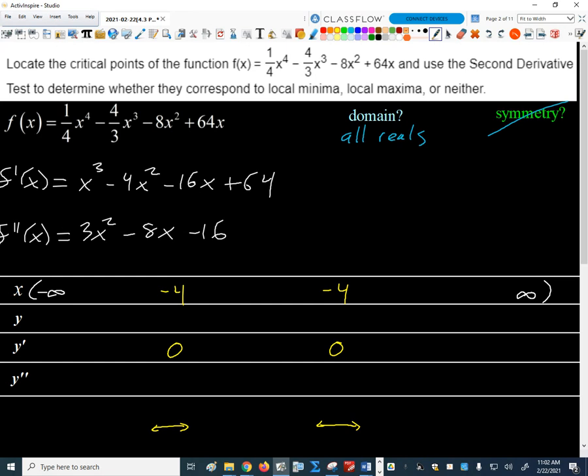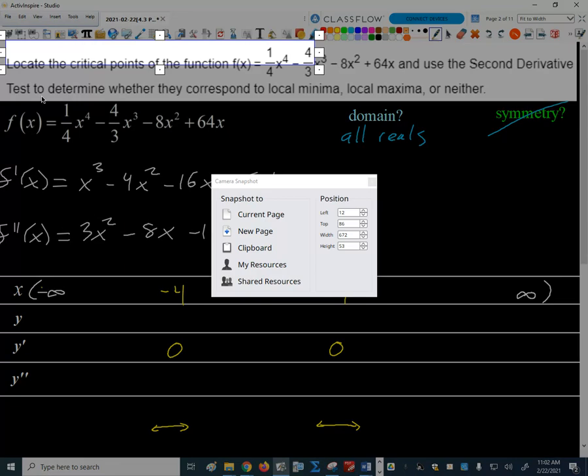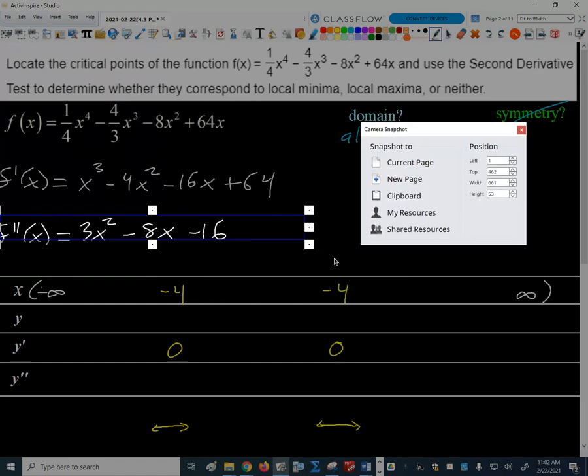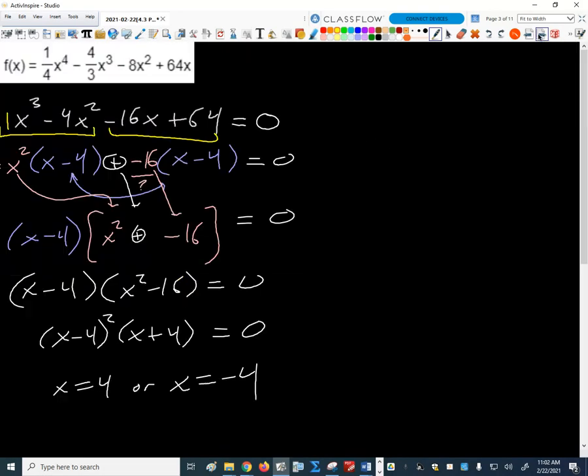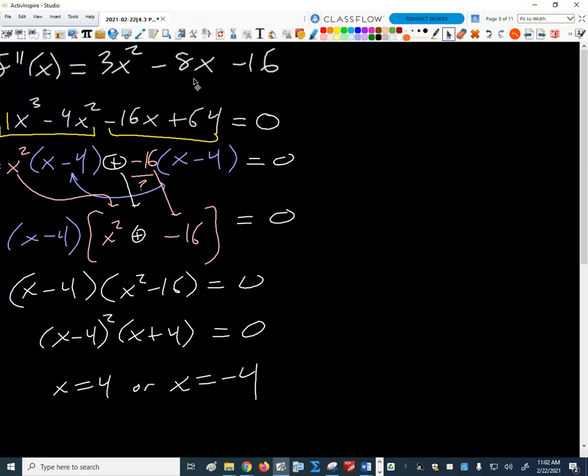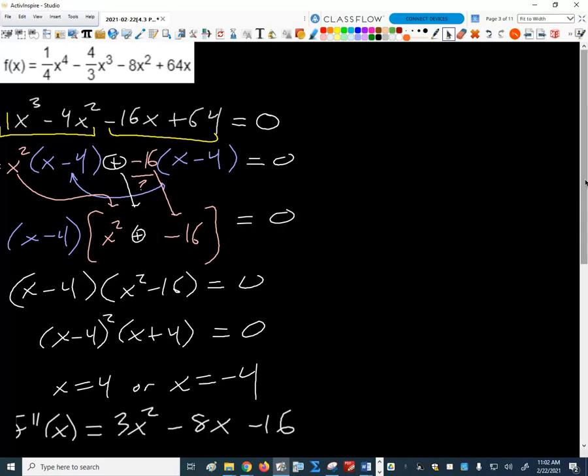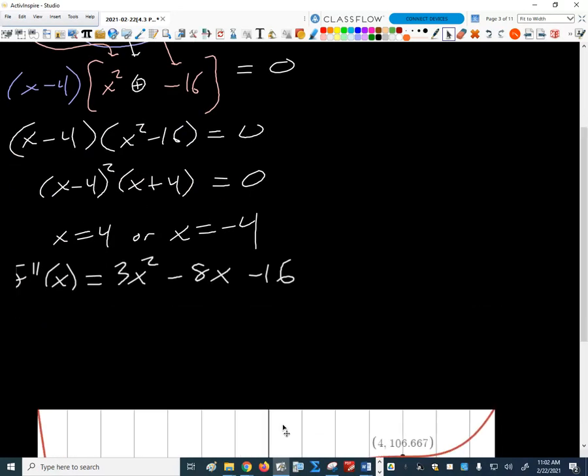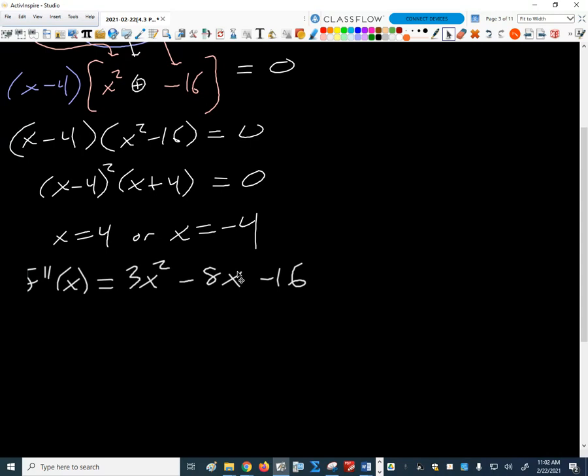I'd have to find zeros of this, so let's go to the next page, do our algebra on the next page. Okay, so there's our second derivative on this one.